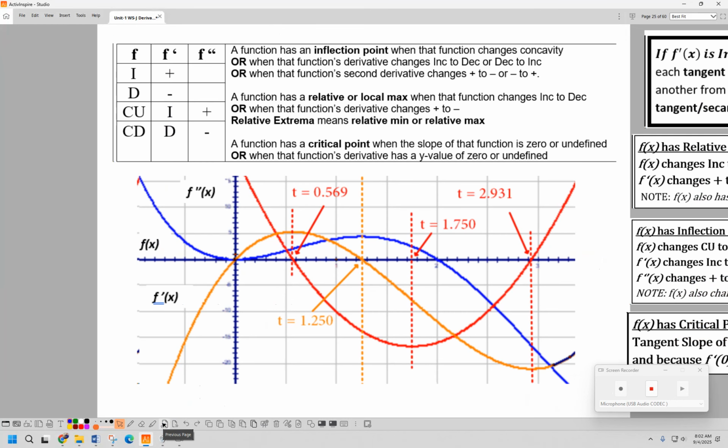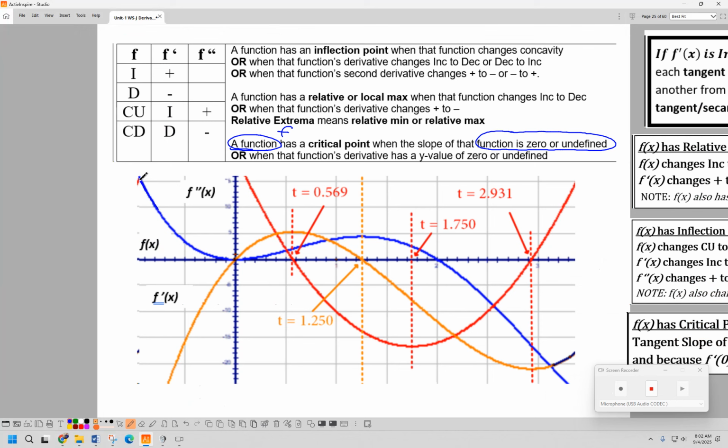If I look at the reference sheet for a minute, the definition says that any function, so right now I'm going to think of that as f, has a critical point when the slope of that function is either 0 or undefined. So one way to identify where f has a critical point is to look at f. F is the blue.